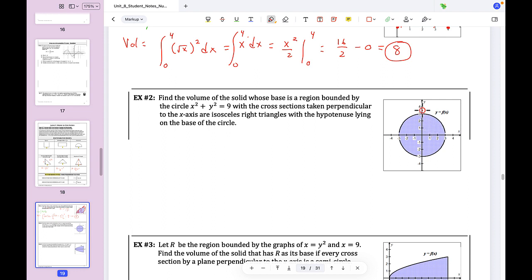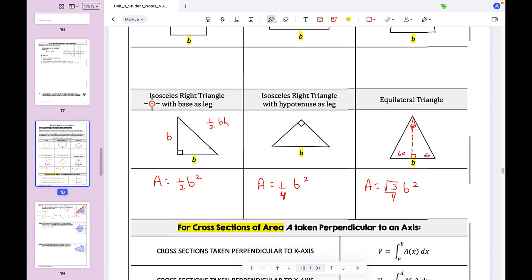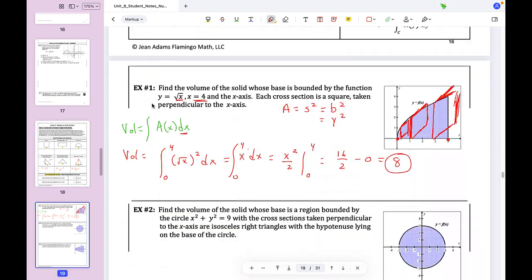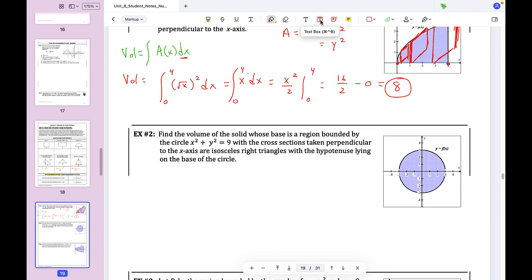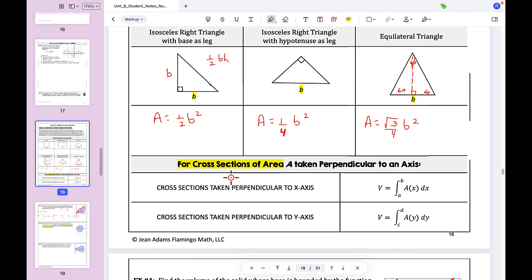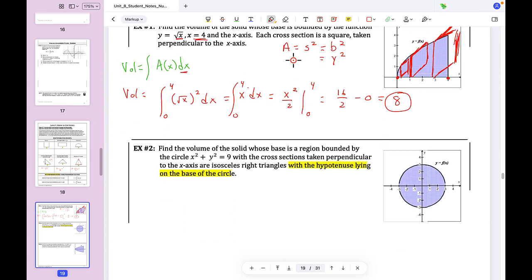Okay. Isosceles right triangles, so we looked at those up here, right? There's my isosceles right triangles, except that the hypotenuse is lying on the base of the circle. So if you go back up here, just picture this triangle here, this is what's lying on the base of the circle.